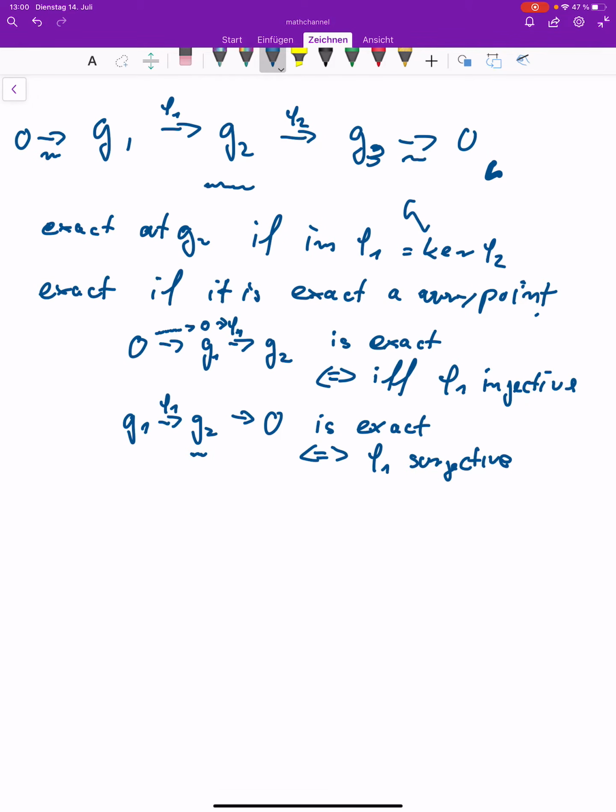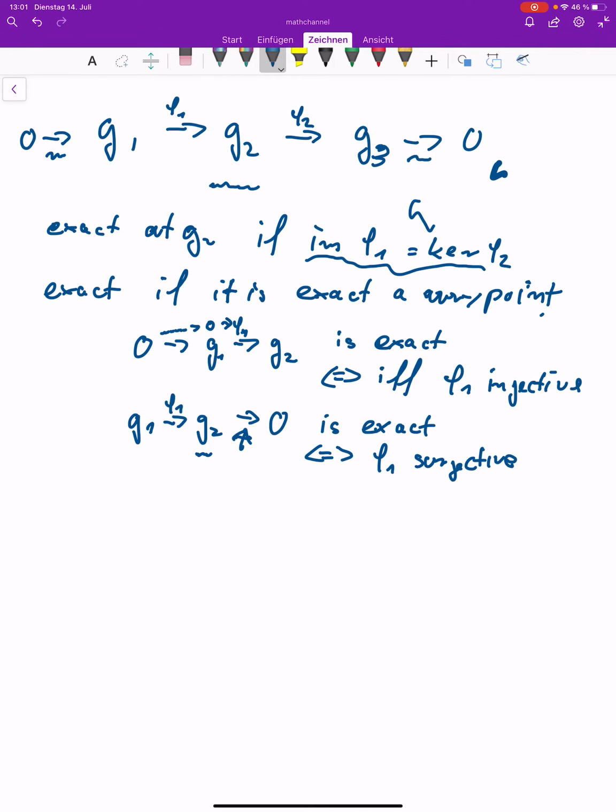For this sequence to be exact at G2, if you look at our definition here, we need to have that the image of G1 under the homomorphism phi1 in G2 is the kernel of this map from G2 to 0, which is all of G2.